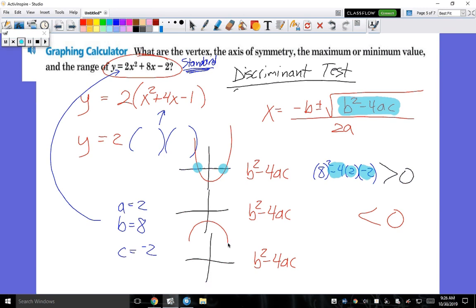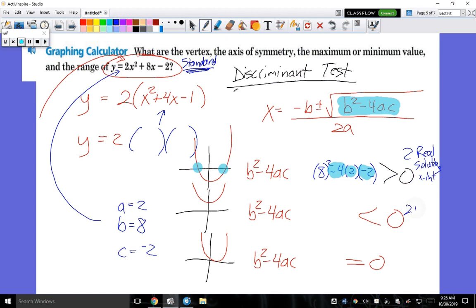But for this particular one, if it worked out to be a negative, since this is looking up, it would look like this. And last but not least, if it equaled 0, it's called a double root. So here we go. This right here has two real solutions, otherwise x-intercepts.